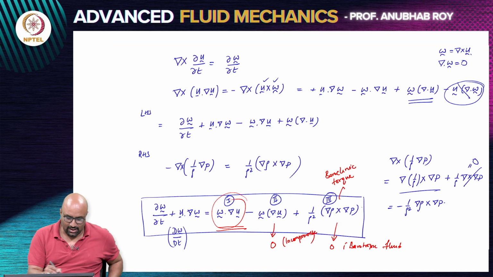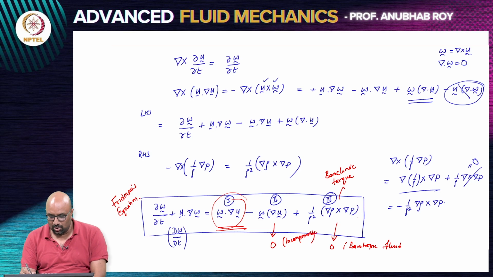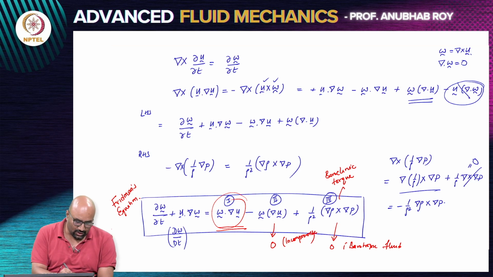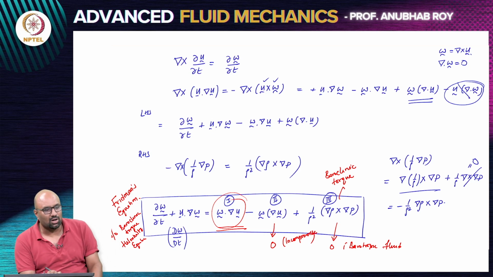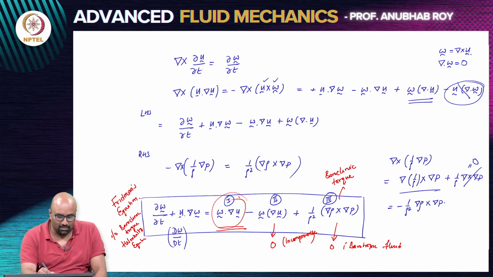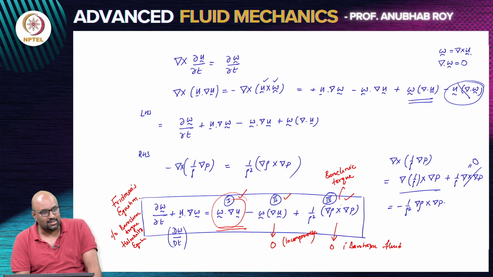This equation in its entire form is sometimes known as Friedman's equation, and without the baroclinic term, it is known as the Helmholtz equation. So, it is an equation for the evolution of vorticity that is driven by these three additional terms on the right hand side.